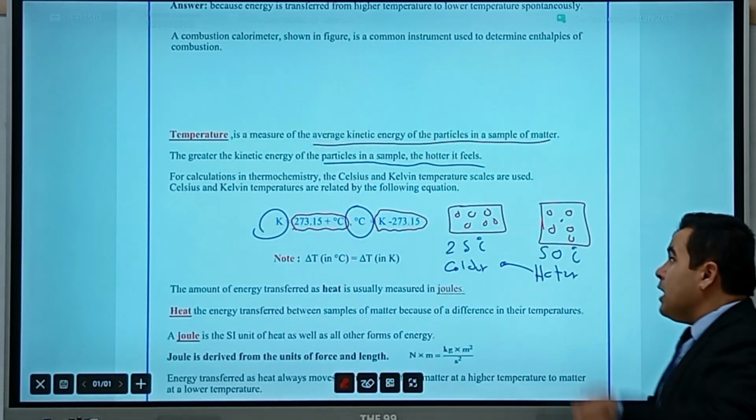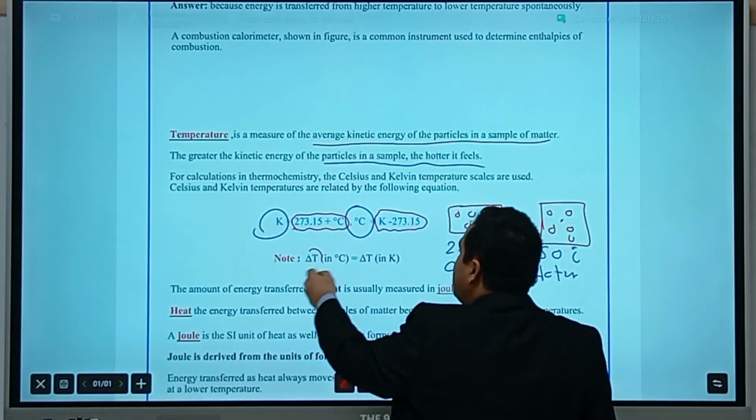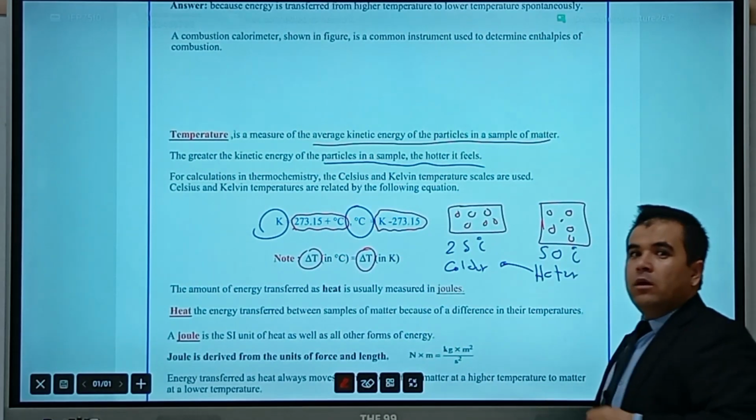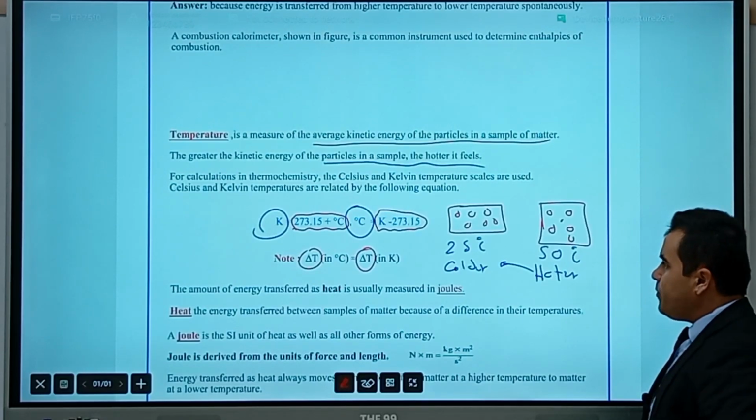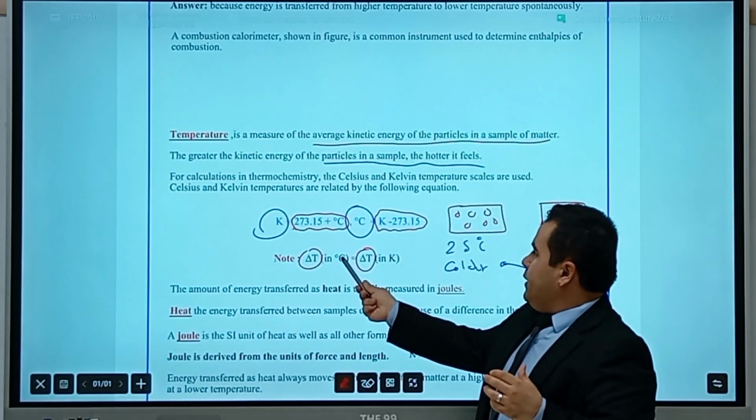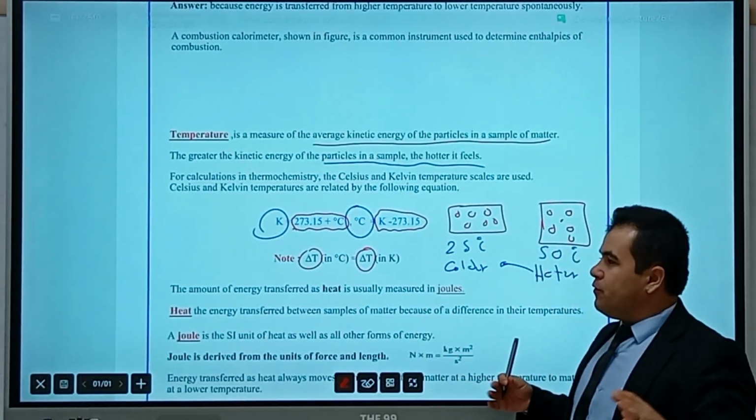But if we are facing a change in temperature, as in specific heat, the degree in Celsius and Kelvin has no difference. Why?